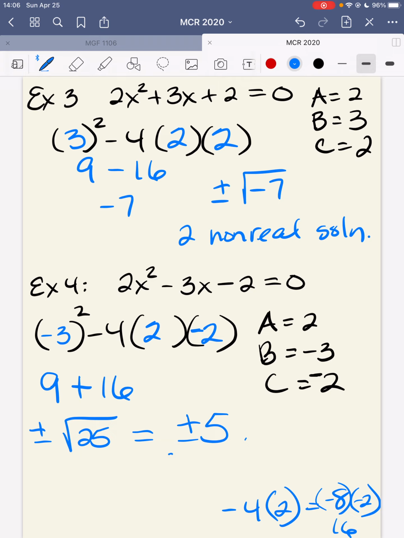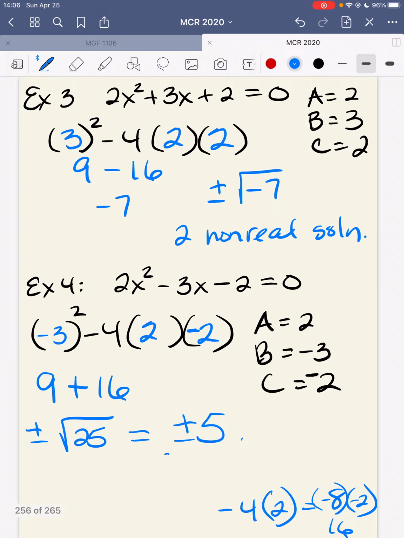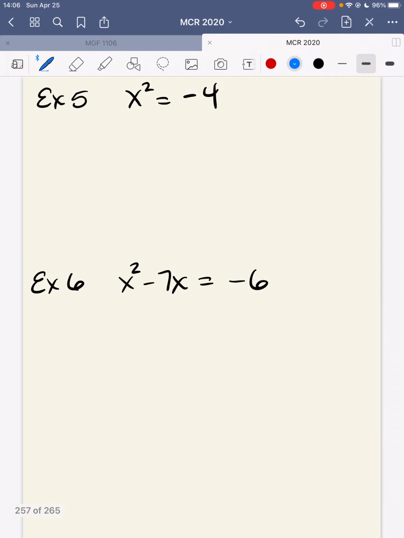All right. Excellent. Let's go ahead and move on to the next one. At least I think I have a couple more. Yes, I do. So x squared is equal to negative 4. Now remember, we want our quadratic to be equal to 0 every single time. So what that means is I have to go ahead and move this 4 over to be with the x so that I have 0 on one side of the equation.